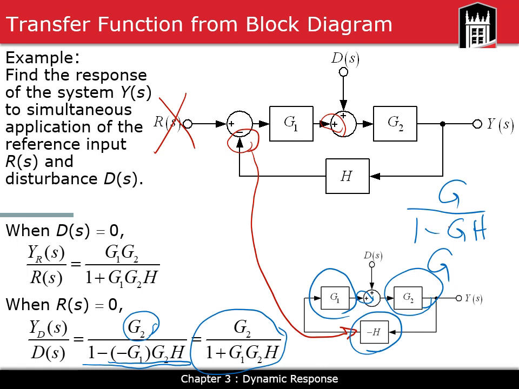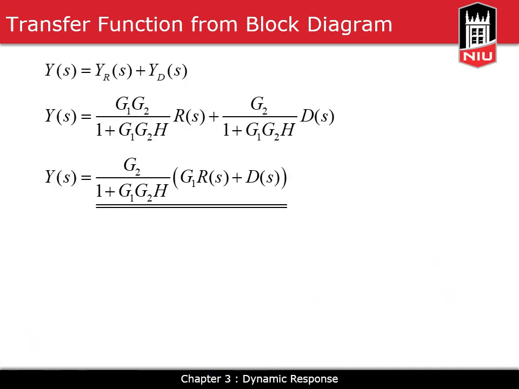Because this is only considering D and not R, we should show the transfer function as Y_D over D, not Y over D. The complete answer of the system, Y, will be equal to the transfer function from R to Y times R plus the transfer function from D to Y times D. You can see that right here.